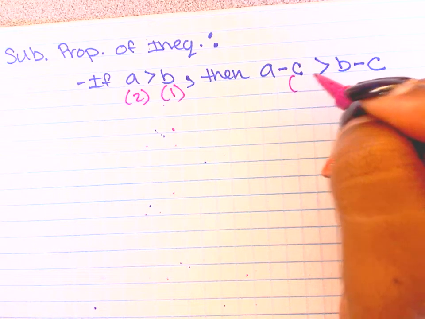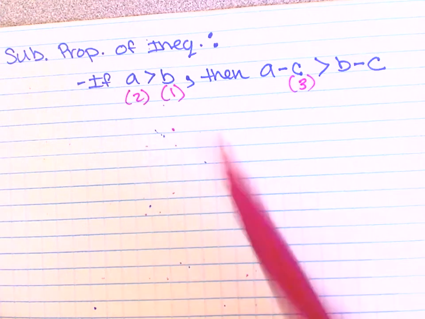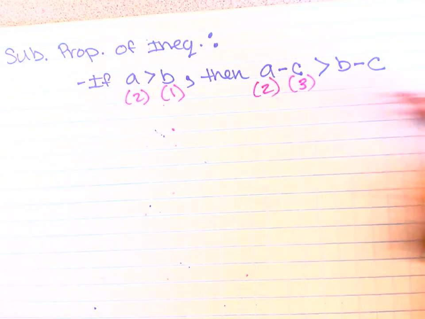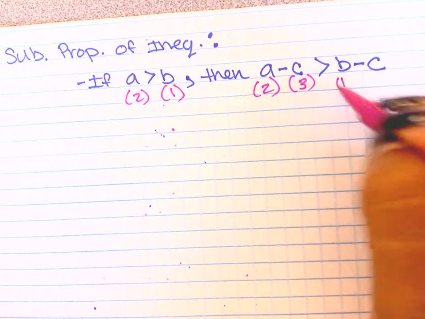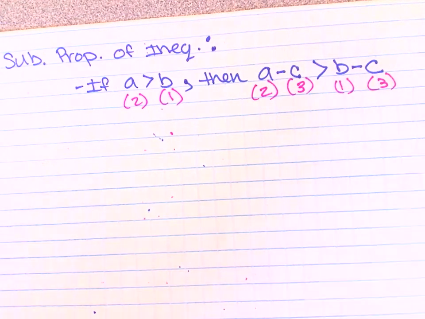If A is 2 and B is 1, and we call C 3, it's going to be the same. 2 minus C is going to be greater than 1 minus C. Just the way it works.